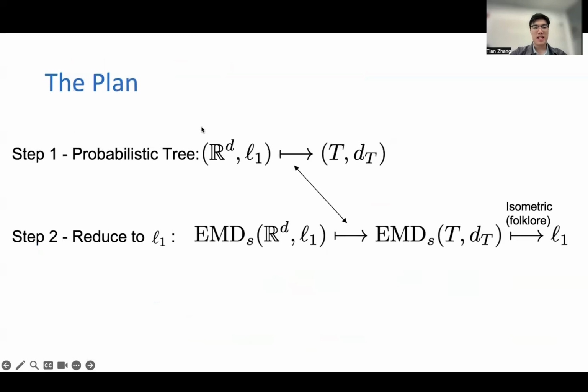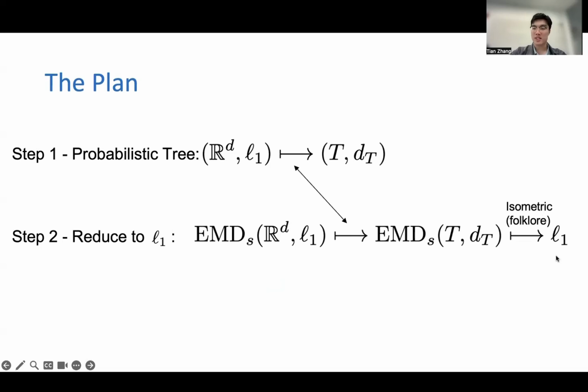So here is our plan. We want to come up with an embedding from L1 to a tree. Then we can use this embedding to embed EMD over L1 into EMD over a tree. Then we are in good shape, because from here, we have an isometric embedding into L1.